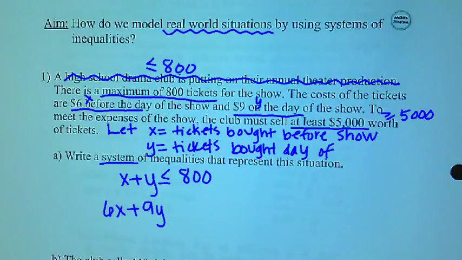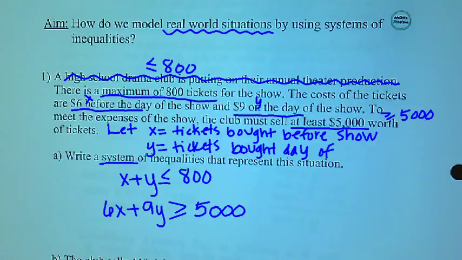That screams multiplication, okay? And we want to make more than or equal to, since it says at least, $5,000. Alright, so if this was a 2-point question on a Regents, that would probably get you 1 point. Alright, it's a lot of work. Okay, so no silly mistakes. There's no room for it.